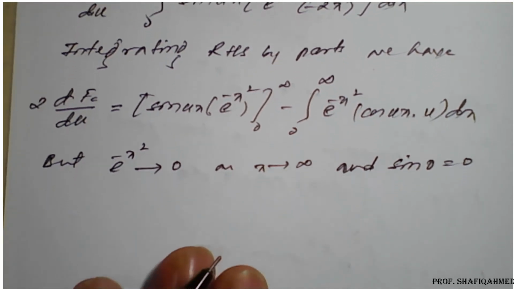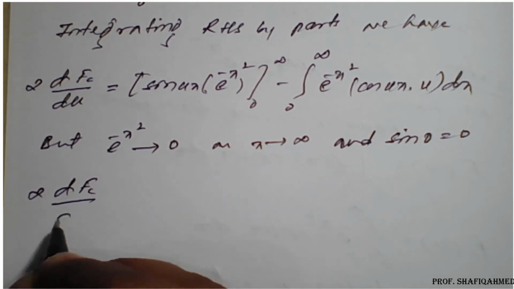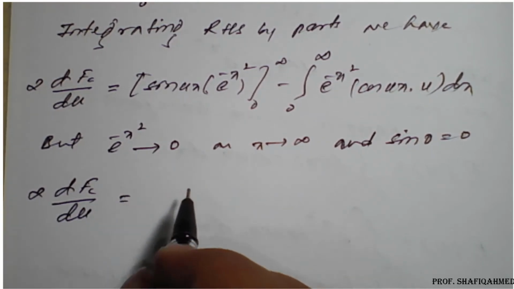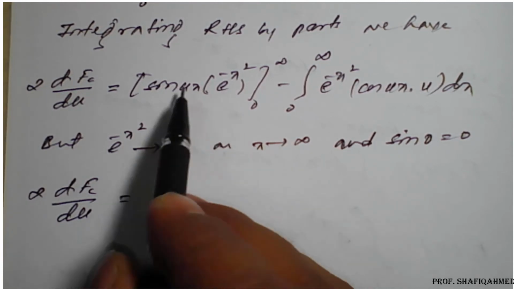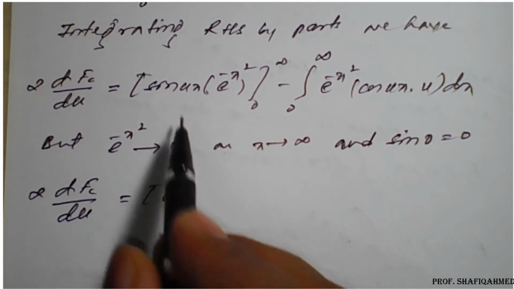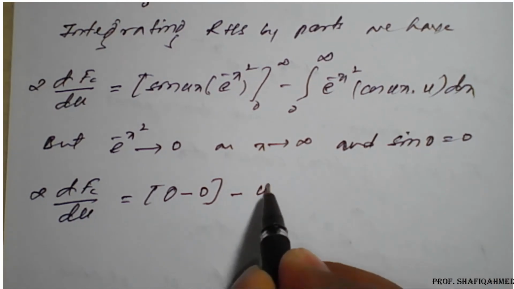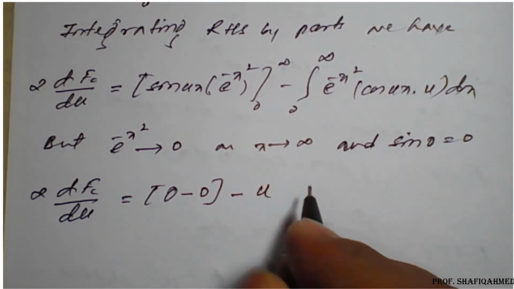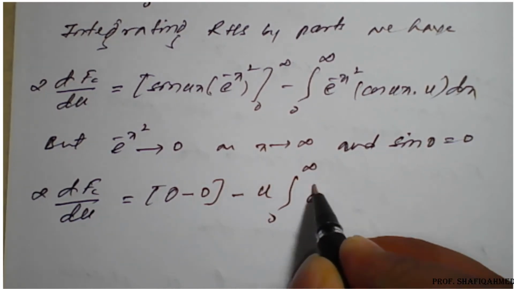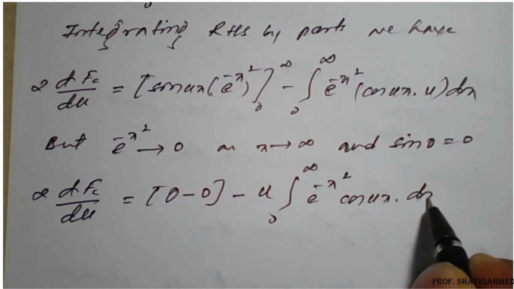So therefore what we are left with here is 2 times dfc upon du is equal to 0. If you apply the upper limit it is 0, minus if you apply the lower limit then also it is 0, minus this u, which is a constant because we are integrating with respect to x. u is a constant, integration 0 to infinity e raised to minus x square into cos of ux into dx.